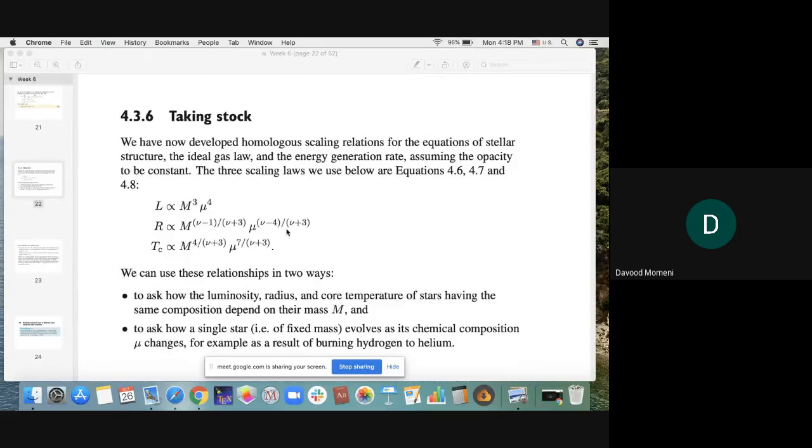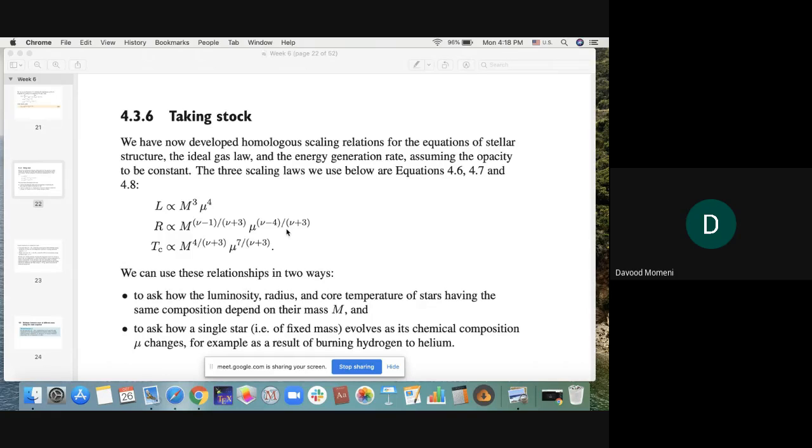One reason is that you can think about how the luminosity, radius, and core temperature behave for stars which have the same compositions. In other words, if you can show me two stars which have the same chemical potential or same chemical composition at the core, then those equations give you the dependence of the luminosity, radius, and core temperature as a function of the mass.